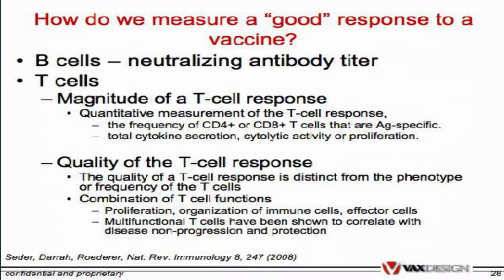Certainly gives us an indication as to what might be happening in vivo as to the degree of inflammation that may be seen. And the quality of the T cell response is absolutely key. It's distinct for some phenotypes that we examine, and certainly looking at all the parameters of T cell function is something that we're capable of doing.